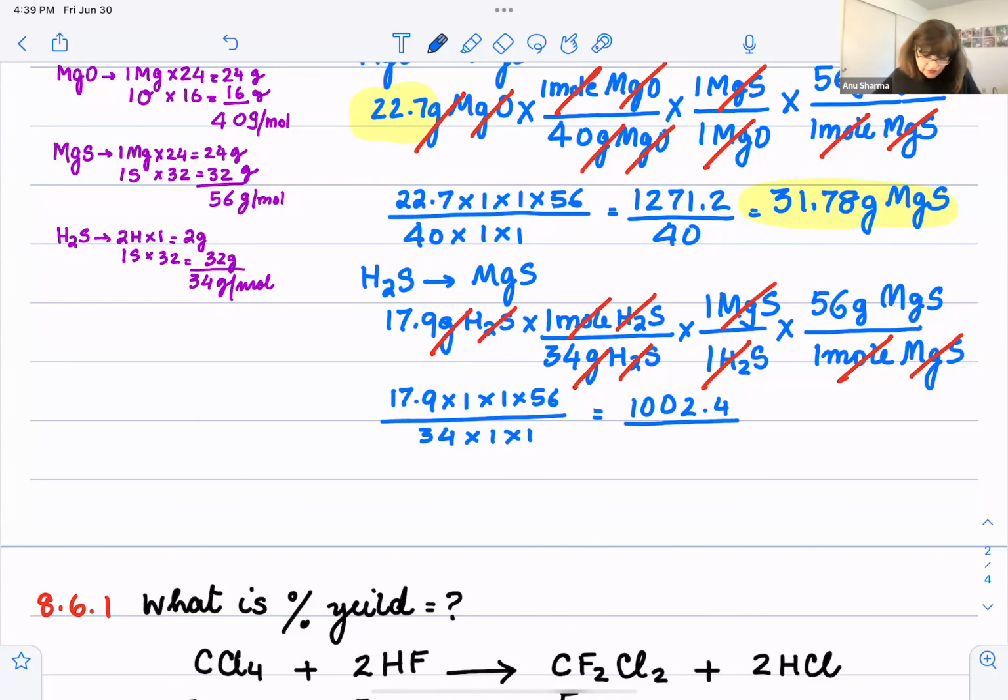Divide by 34, and that gives you 29.48 grams of magnesium sulfide.